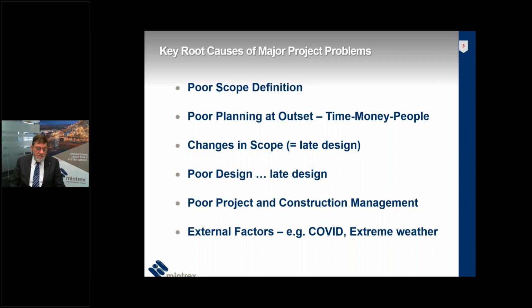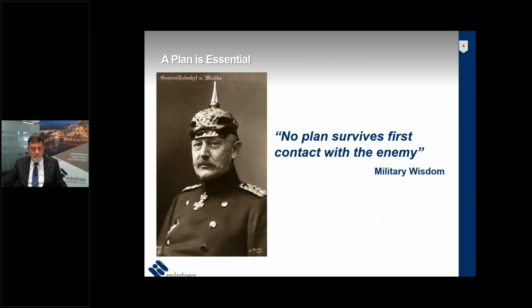This is my list of root causes, and it's not rigorously researched, simply a reflection of my experience. But in a nutshell, problems in a project, in my experience, usually have their genesis at the beginning of the project, even though they may be most evident at the end of the project.